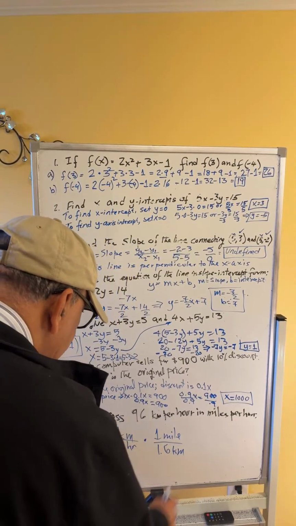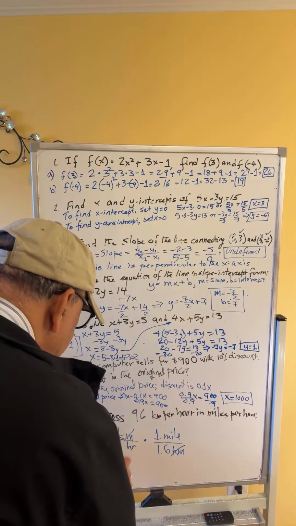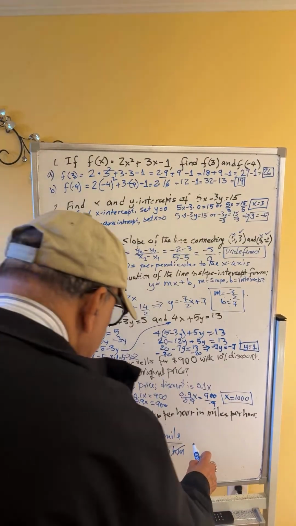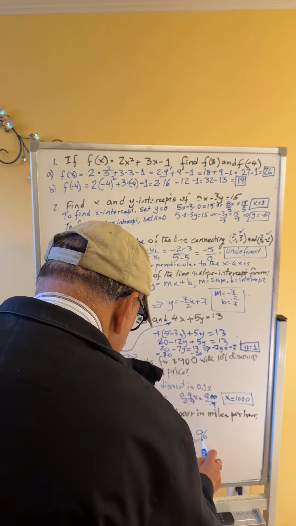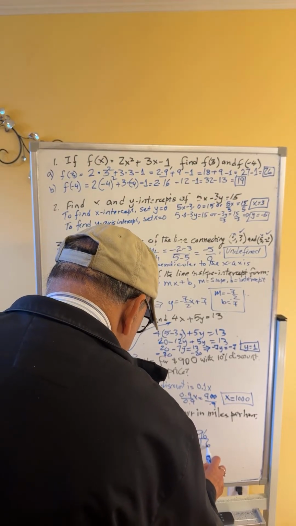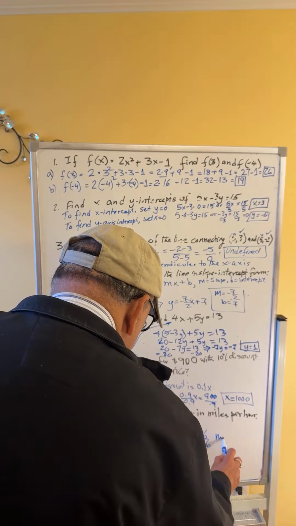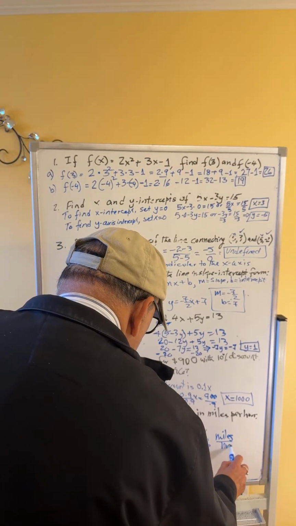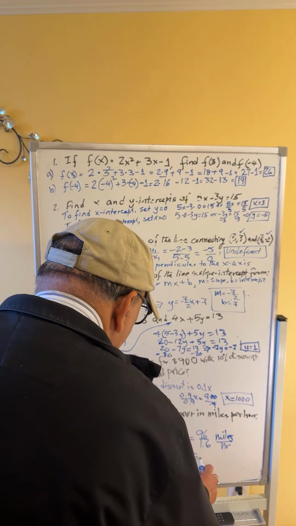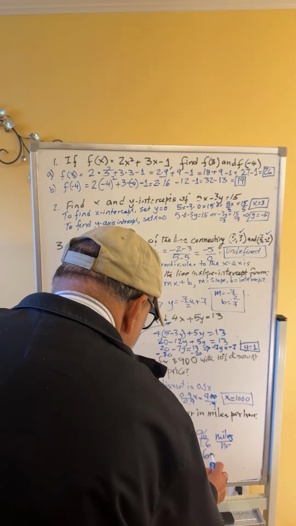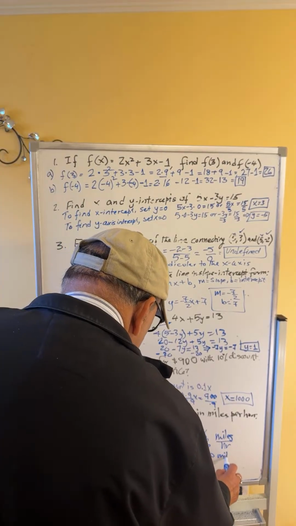Okay, so this kilometer cancels with this kilometer, and your final answer is 96 divided by 1.6 miles per hour. Now 96 divided by 1.6 using your calculator will be 60 miles per hour.